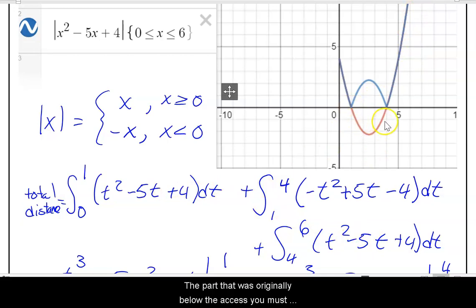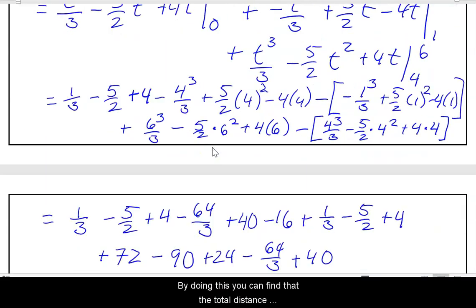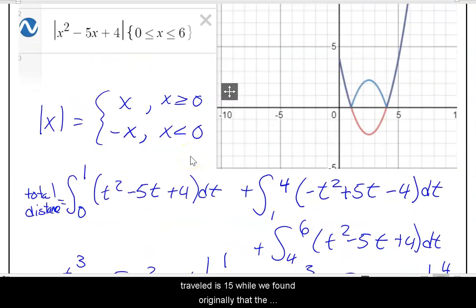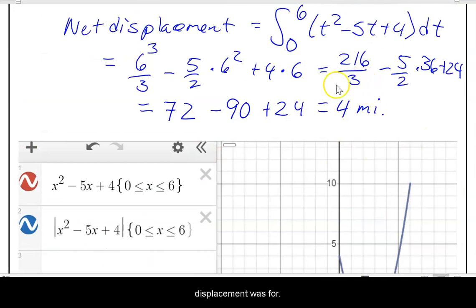The part that was originally below the axis, you must take the opposite of it, since that's the definition of absolute value. By doing this, you can find that the total distance traveled is 15, while we found originally that the displacement was 4. Let's now look at a slightly different take on this relationship between position, velocity, and acceleration.